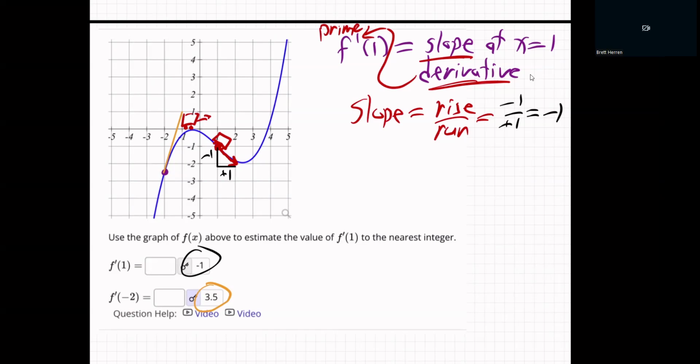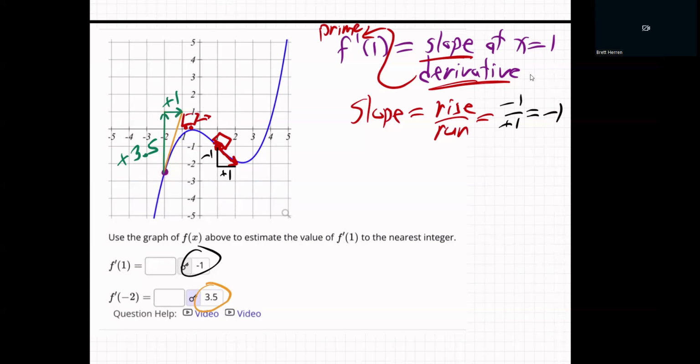So the rise and the run here looks like it goes up and over. Looks like it goes up 3.5 and over 1, doesn't it? Rise and run. See what I'm doing? I'm starting from here. I go up 3.5 over 1.